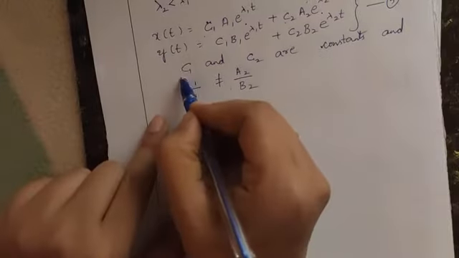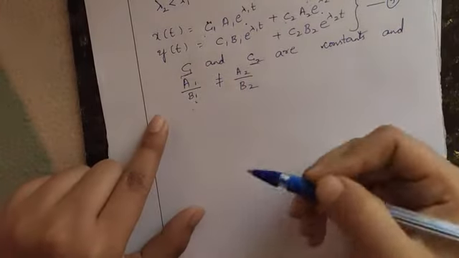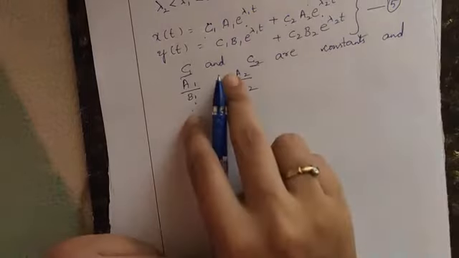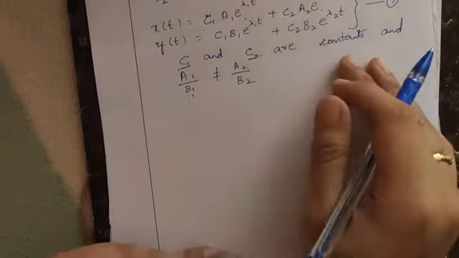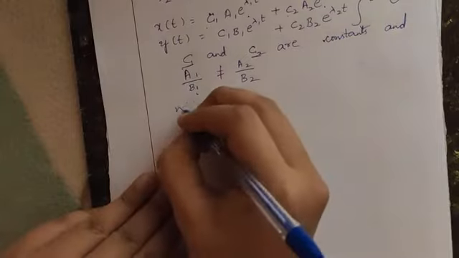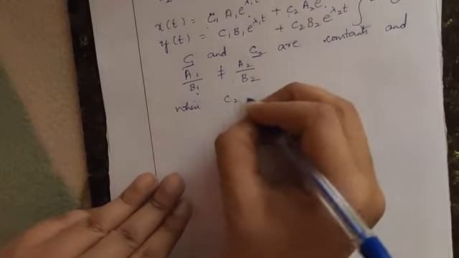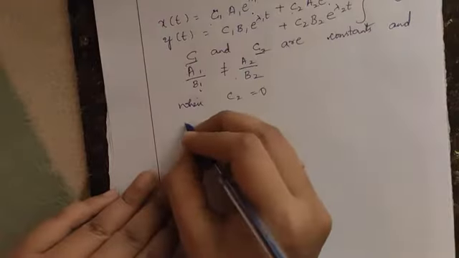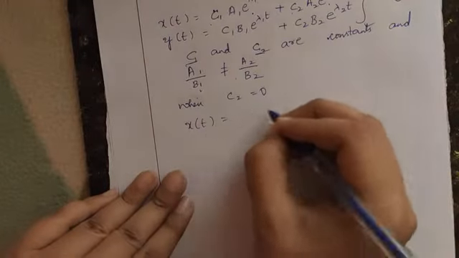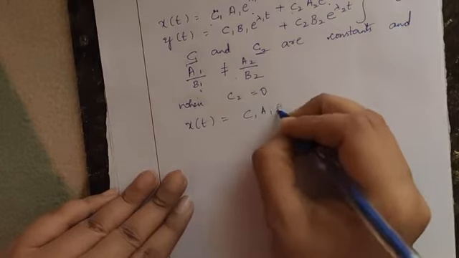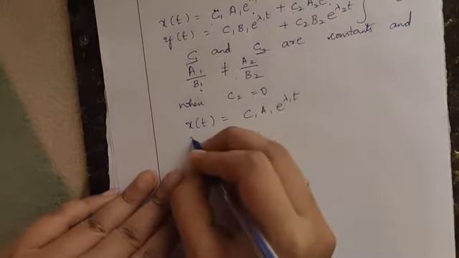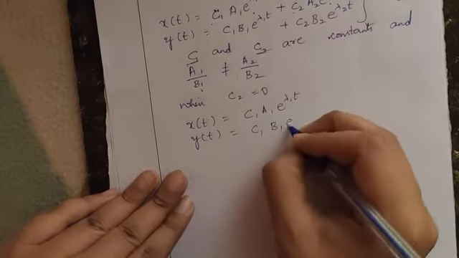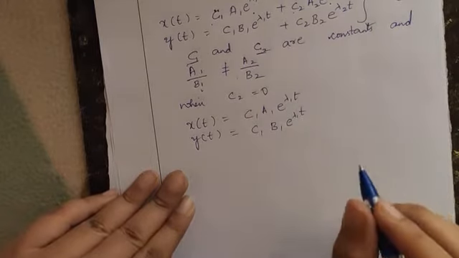But in these two constants, if we apply some initial or boundary condition, we can get either one of them as 0. That might be the case, right? So when c2 is equal to 0, what will happen to your equation 5? You will get x of t is equal to c1 a1 e power lambda 1t and y of t as c1 b1 e power lambda 1t.